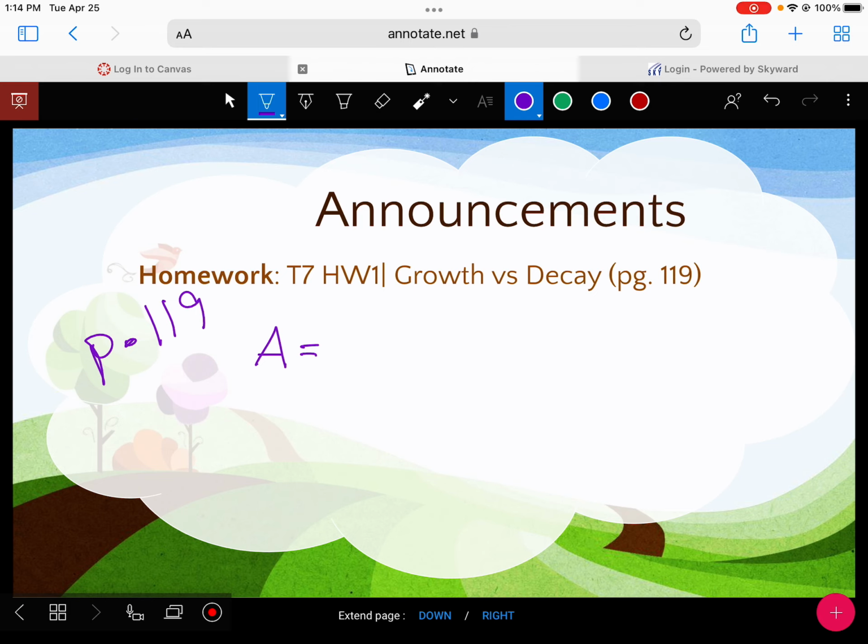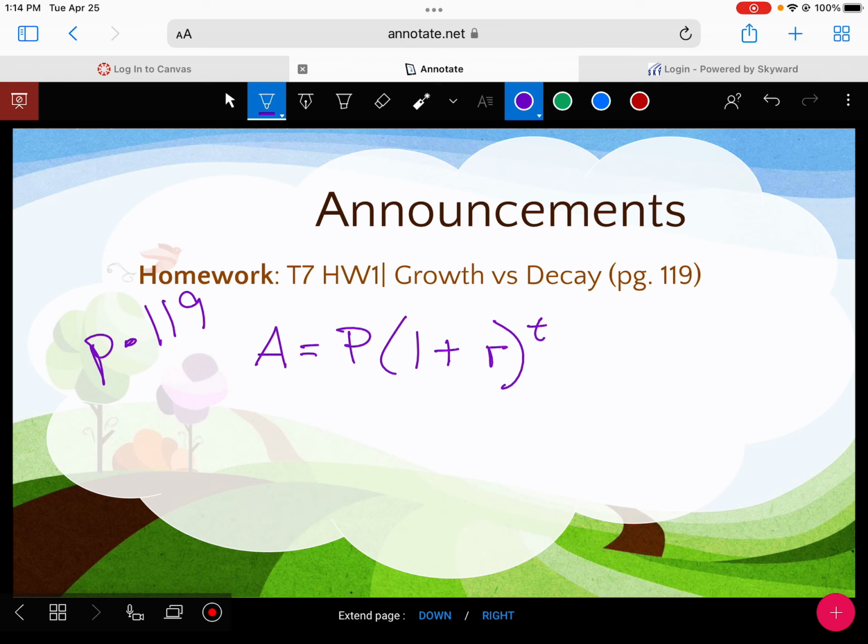So A is equal to, I never know what the variables are, capital P times 1 plus R to the T value, to the T. Page 119.